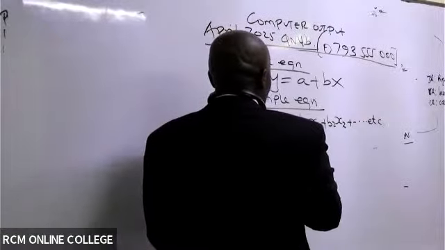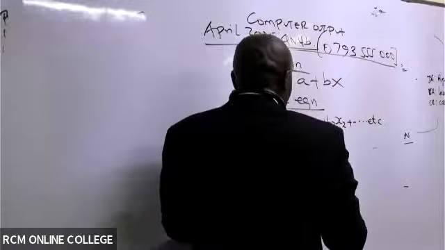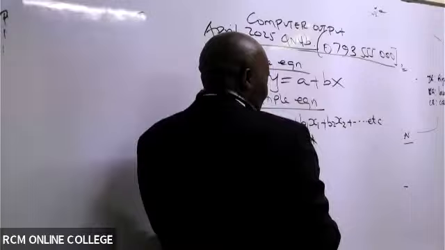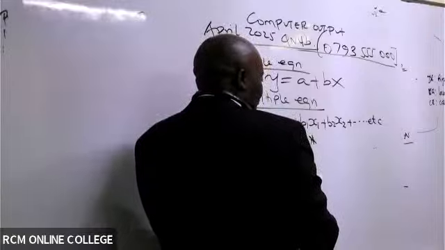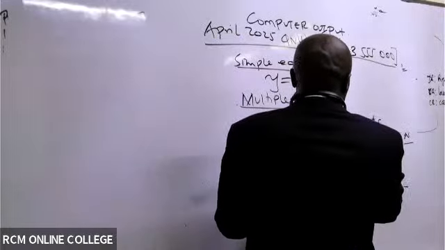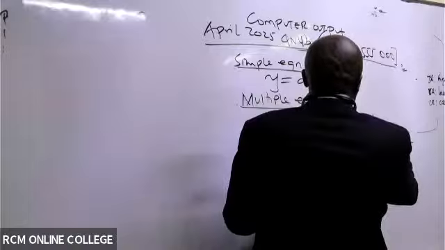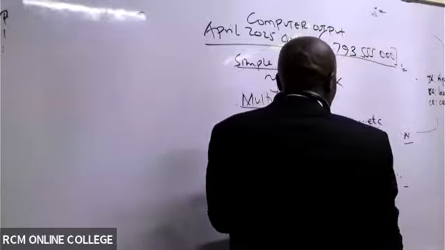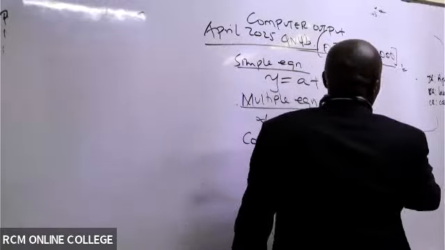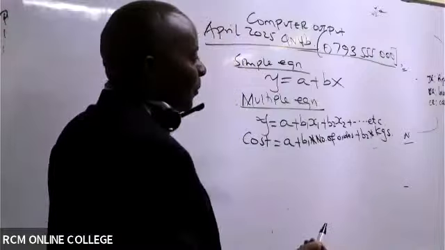I can simply write cost equals A plus B1 times X1, which will be number of orders. They've even told you there, X1 is number of orders. I can write for revision purposes, number of orders, plus B2 times X2, which is number of kilograms, times kilograms.